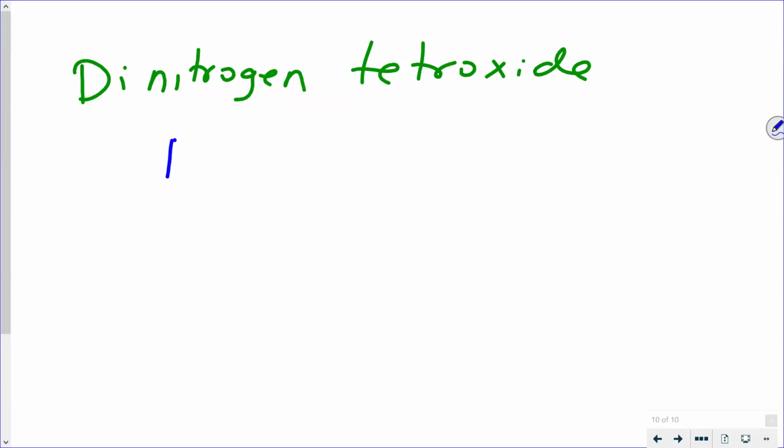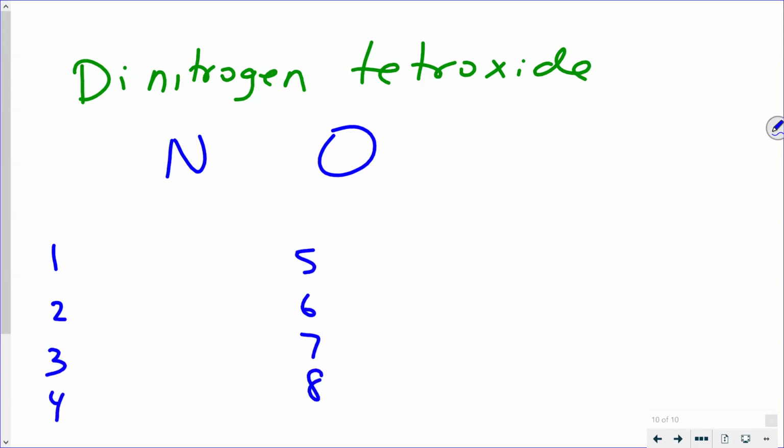I see nitrogen and I see oxide. All I need to figure out is how many of each I have, right? This is the next unit we're going to get to. So let me just say 1, 2, 3, 4, 5, 6, 7, 8.